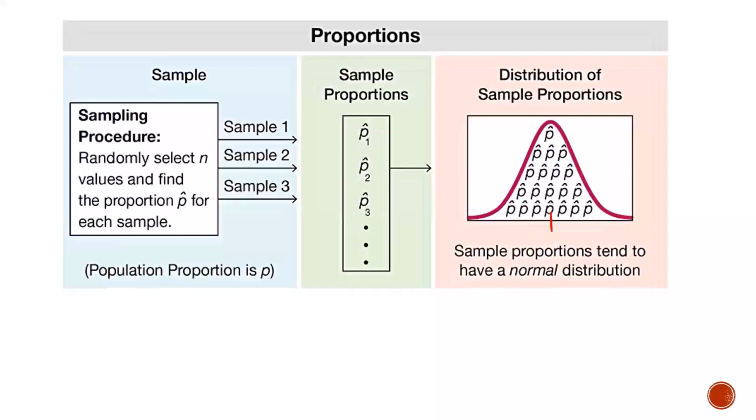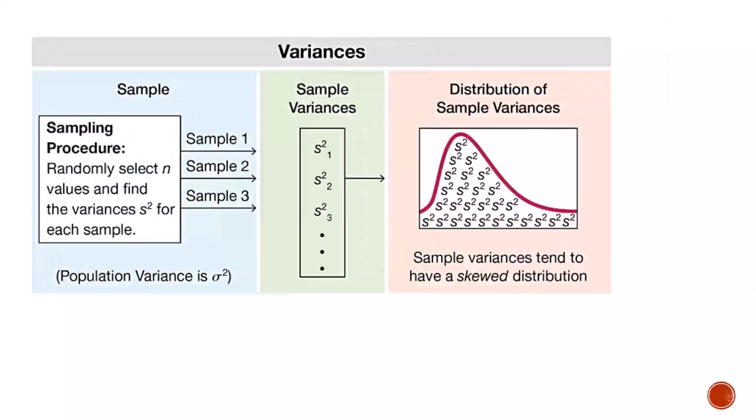Same thing for proportions. Those things were centered around 1/2. Even in this case, sure, the mean is a little bit to the right of the top, but the mean of all those variances was equal to the variance of the whole population, correct?